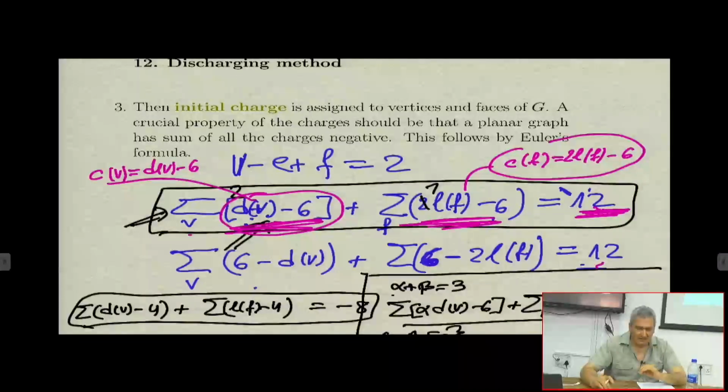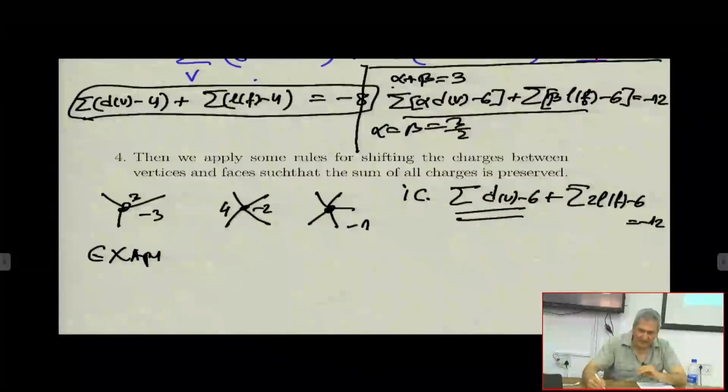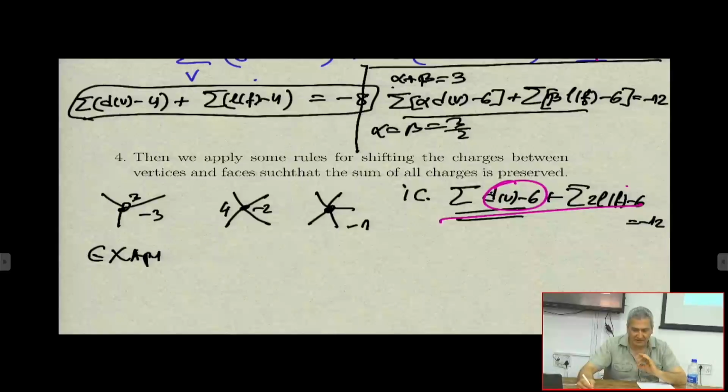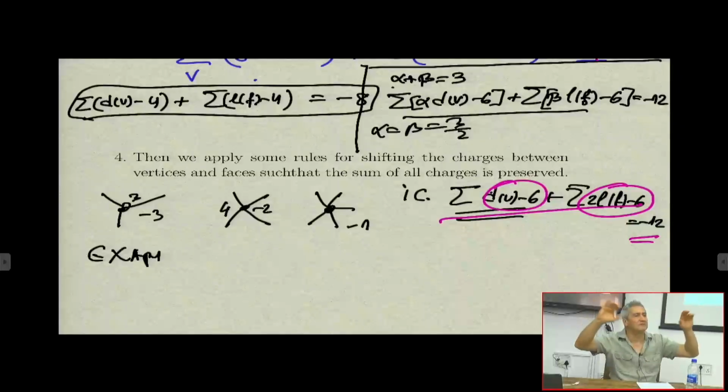So we start with this initial charge for vertices and this for faces, and the total charge is minus 12. Now we will apply rules. I give you charge, you give that charge, so we send each other some charge, but carefully, under some rules.